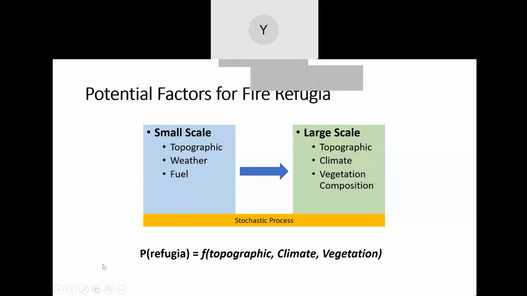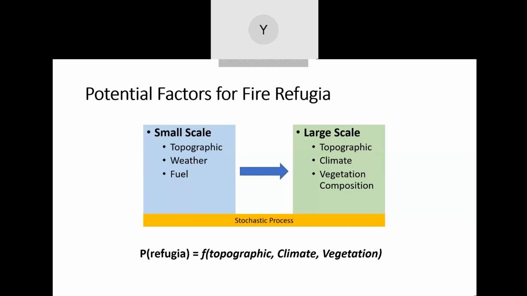Ephemeral is more operating on the local, small scale, affected by topographic factors, local weather, and the fuel condition. For the persistent, long-term refugia, our concept is that the topographic environment provides a template, then climate operates on that, combined with a vegetation component, to give the persistent or long-term refugia concept.